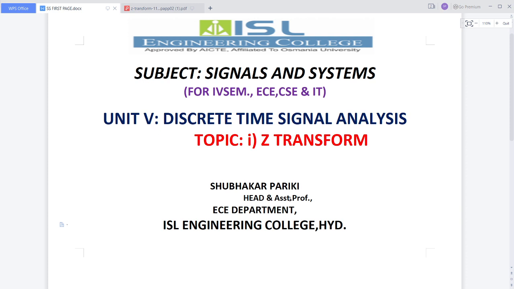A discrete time signal is one which can be defined at discrete instants of time only. If we apply this type of signal as an input to a system whose output is also discrete time in nature, then that system is called a discrete time system.